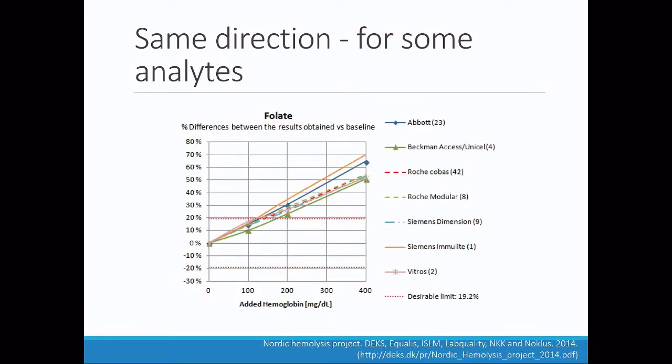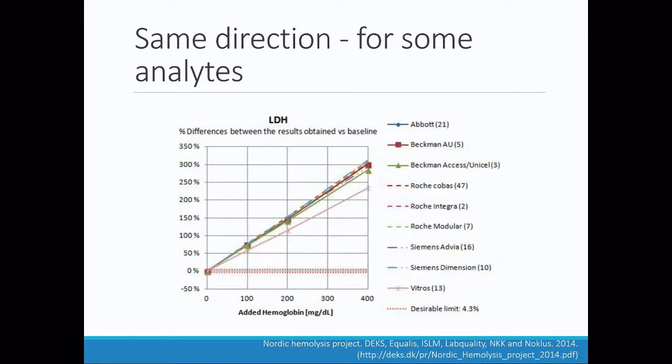For example, folate: the interference or the bias is greater the greater the concentration of hemoglobin in the sample. The same goes for LDH, and for some other analytes, like, for example, potassium.